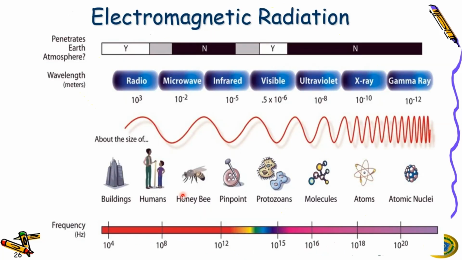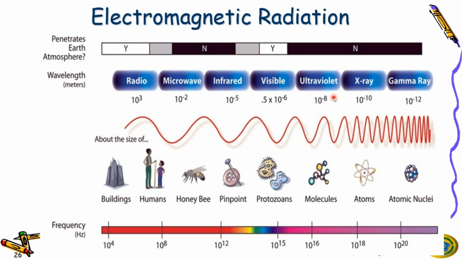I'm sure you all understand this. This is the wavelength, right? This is frequency. If you have a higher wavelength, you have low frequency. If you have a small wavelength, you have high frequency. That's what it looks like.